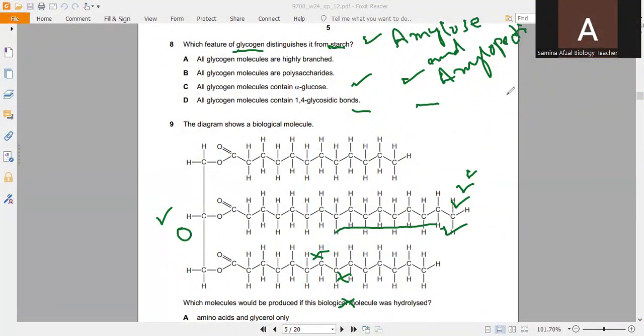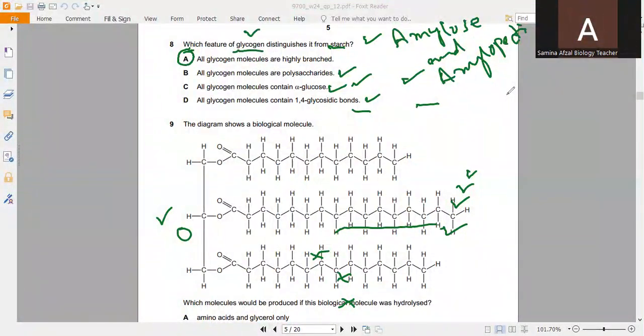So according to this, all glycogen molecules are polysaccharides. Starch is also a polysaccharide. All glycogen molecules contain alpha glucose, same. All glycogen molecules contain glycosidic bonds. So only A is the correct option in this case.